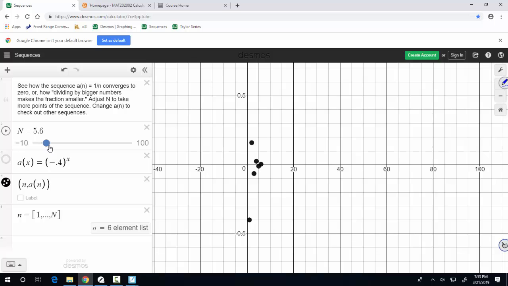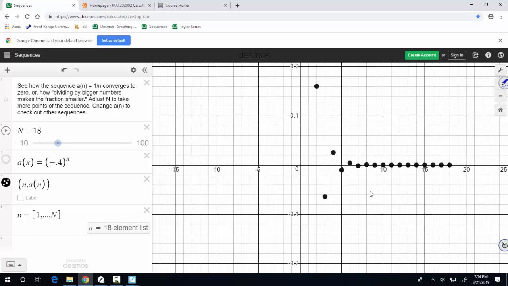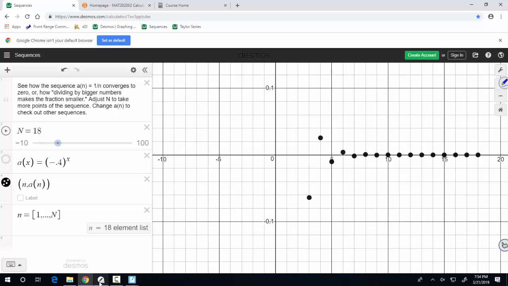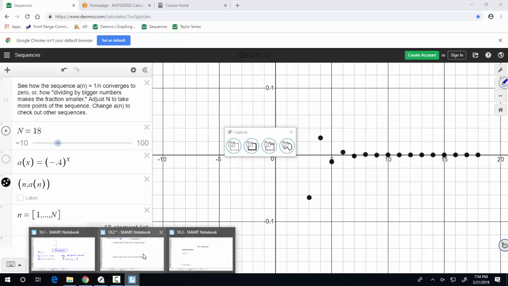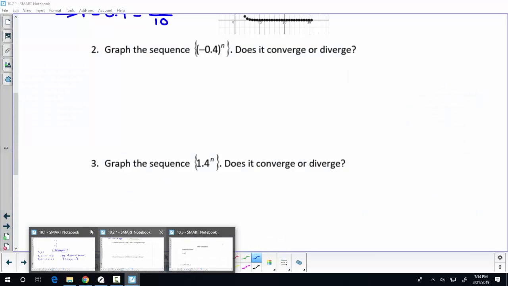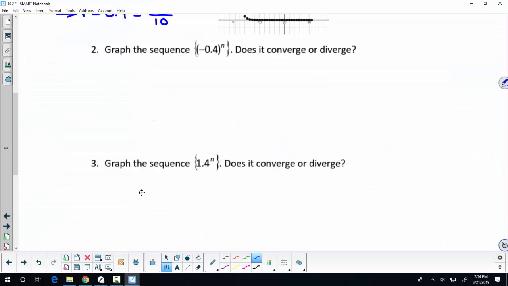Yeah, you can see what's happening: positive, negative, positive, negative. Is that what we have? Yeah, negative 0.4 to the n.